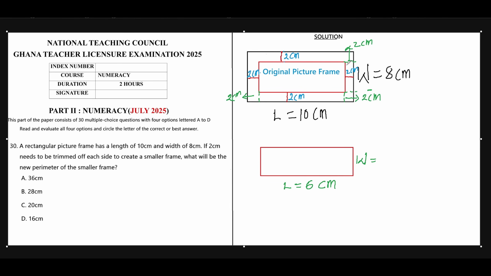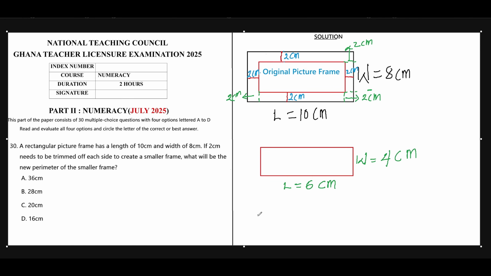So with the width, 2 centimeters on the top, 2 centimeters from the bottom, also making 4 centimeters. So 8 centimeters minus 4 centimeters, we are left with 4 centimeters. So this is the width of the trimmed picture frame.